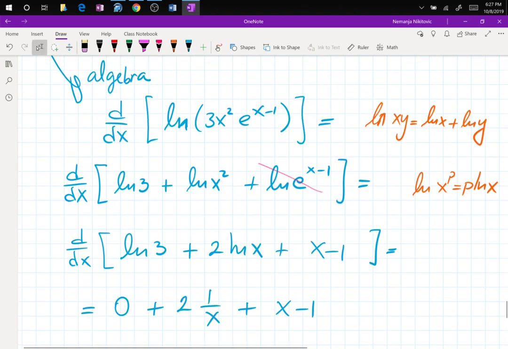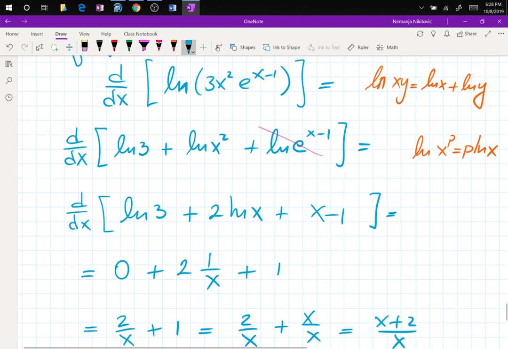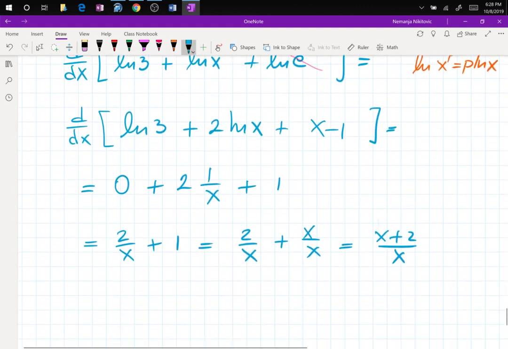If you take the derivative of x minus 1, it is 1. So the derivative of x is 1, the derivative of minus 1 is 0. So now 2 over x plus x over x is x plus 2 over x. Yes, good. There we go.